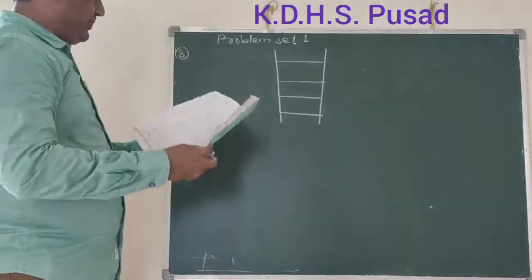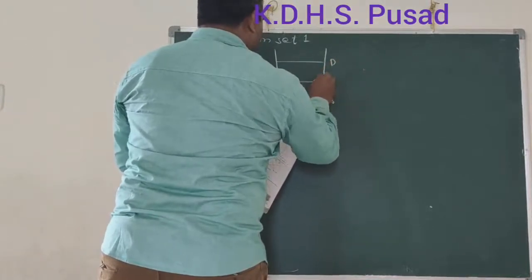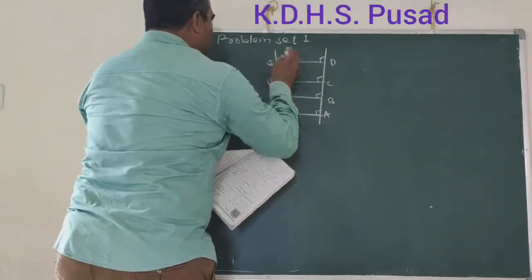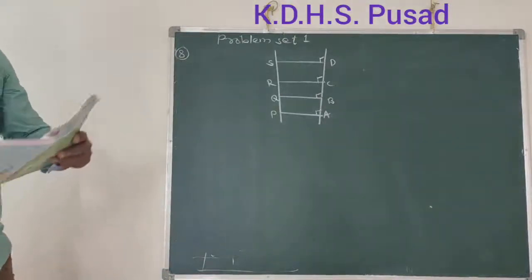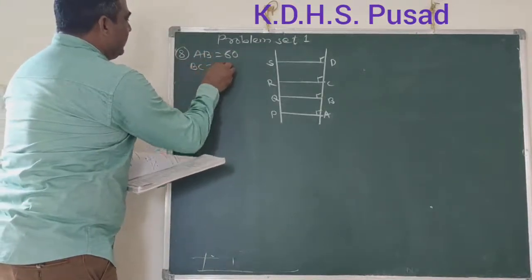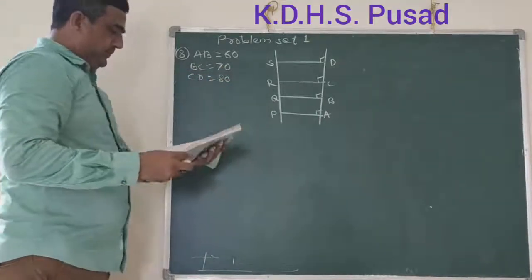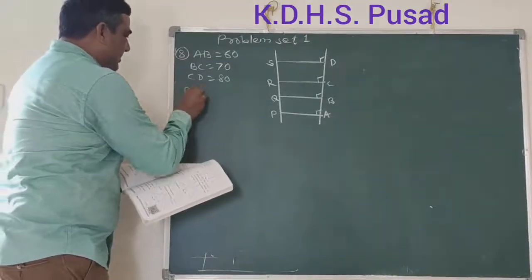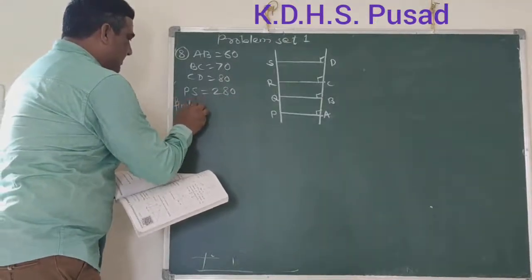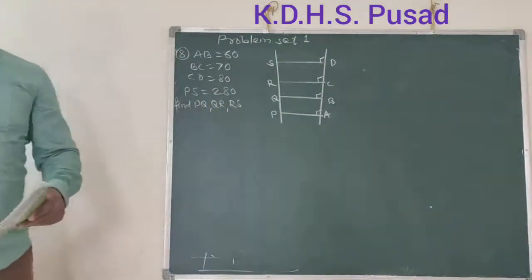Such a diagram is given to you: A, B, C, D, with perpendiculars P, Q, R, S. Whatever the question given to you, if AB equal to 60, BC equal to 70, CD equal to 80, and PS is equal to 280, find PQ, QR, and RS. So one by one we have to find these.